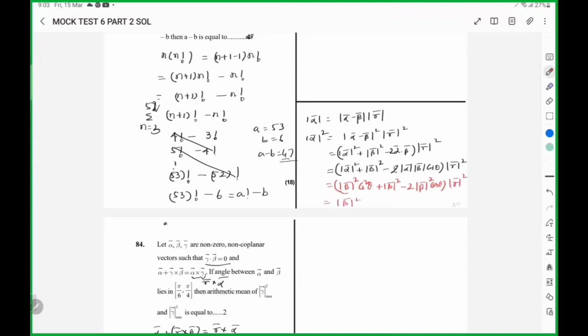So it's mod beta square minus mod beta square cos square theta, because alpha is mod beta cos theta, you get cos square theta of gamma square. So mod alpha square is sin square theta into gamma square. So here you know alpha is beta cos theta.